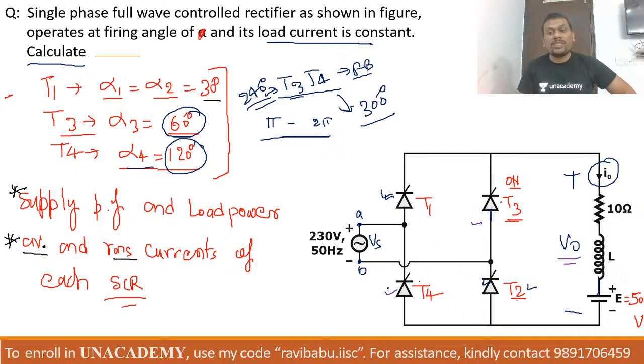The moment at which you trigger T4, T4 itself will provide natural commutation for T2. So T2 will face natural commutation due to triggering of T4, and T1 will have natural commutation due to triggering of T3. So these SCRs will provide natural commutation by this circuit behavior, because the supply is AC.